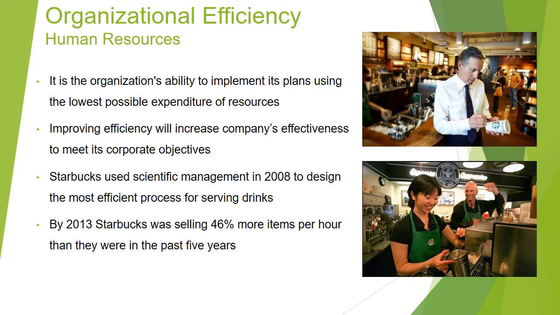One is the human resource efficiency and the other is the supply chain. From a human resources efficiency perspective, Starbucks has used scientific management to enhance its efficiency and productivity. Scientific management is really best applicable in places where repetitive work is required, such as in the case of Starbucks, as they make coffee.